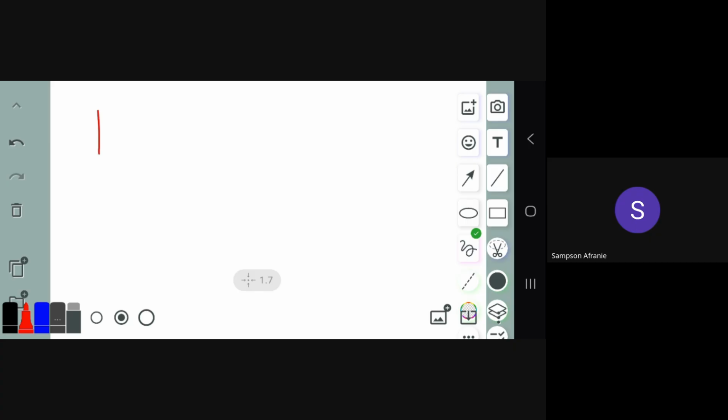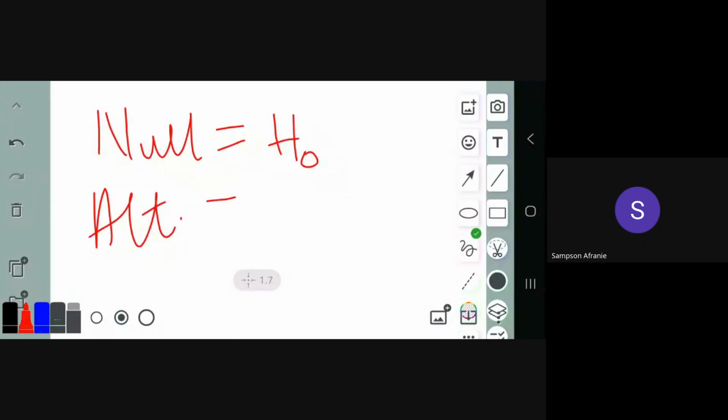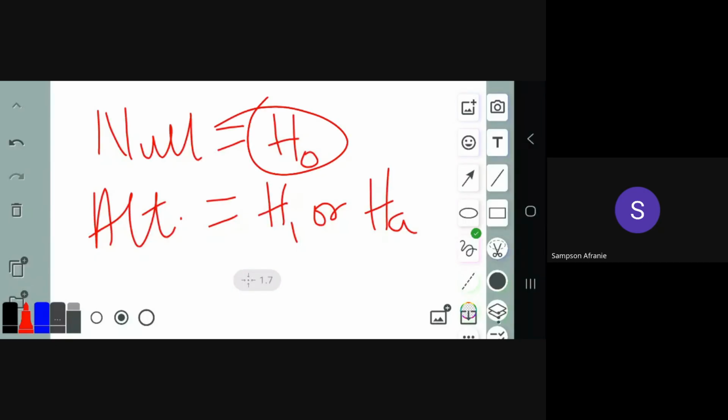If I want to state the null hypothesis, it is represented by H naught. So this is how we call it, H naught. And the alternate hypothesis is represented by H1 or HA. Please take note. So the H naught is the null. The null hypothesis, as I've said already, is more or less the researcher's assertion.